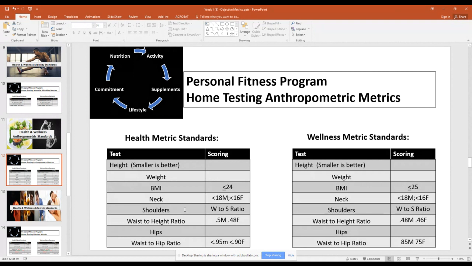Okay? For your shoulders, this is a little bit tricky, and so you need a partner to assist you on this one measure. If you don't have a partner, if you're a man, your jacket size we could use, but try to get a partner to just measure your shoulders, okay? You stand at attention. Imagine yourself in some kind of military type posture where you stand, feet together, chest up, chin up, shoulders back, and you want to measure your shoulder circumference.